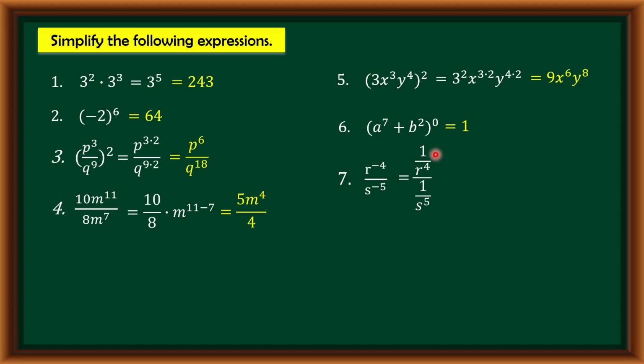Therefore, let us simplify this complex fraction by multiplying the numerator by the reciprocal of our denominator. So we have 1 over r raised to 4 for our numerator times s raised to 5 over 1 from our denominator. Simplifying this one, we have s raised to 5 over r raised to 4.